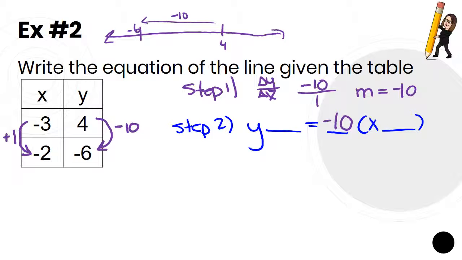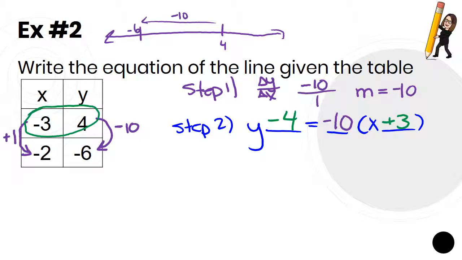Just because it's first in the table, I'm going to pick the top one, so -3, 4. Which number is the x value? -3. But instead of negative, I put a +3. Instead of +4 with the y, I put a -4.